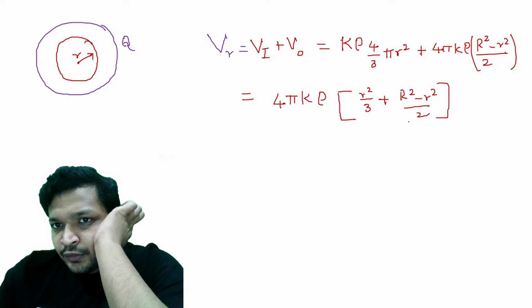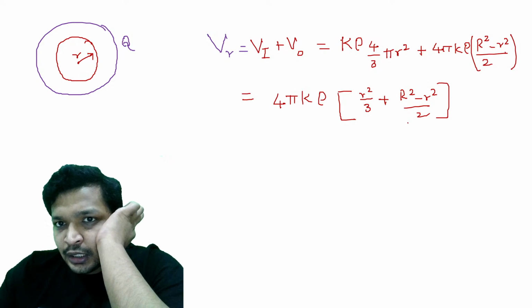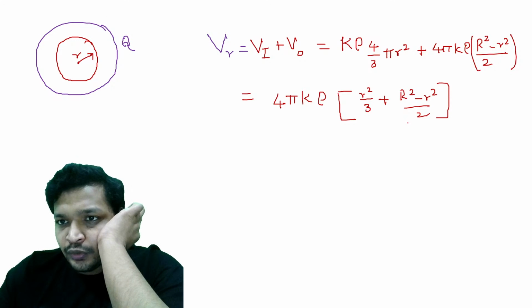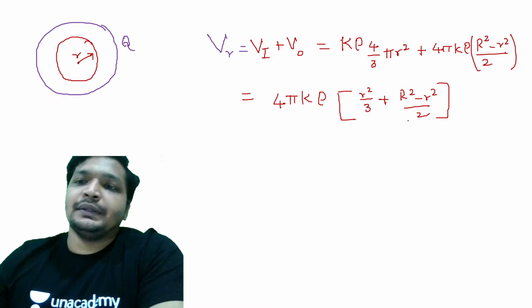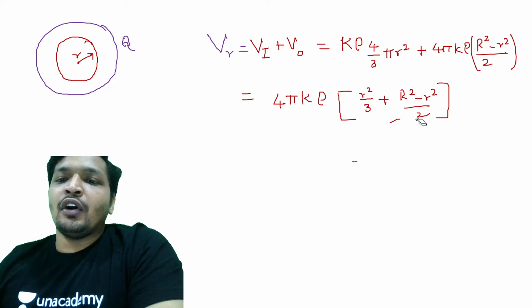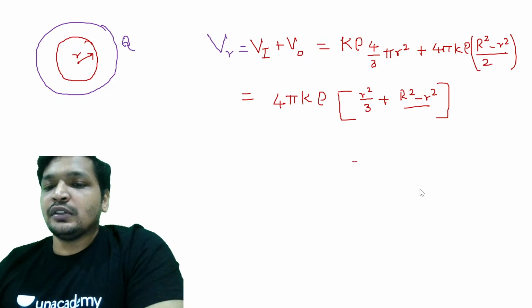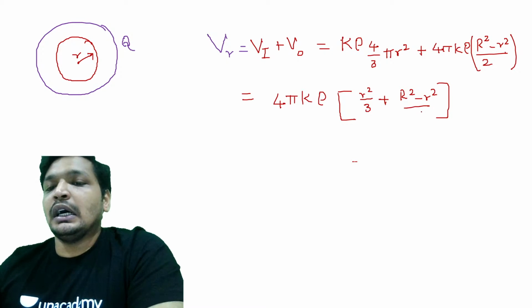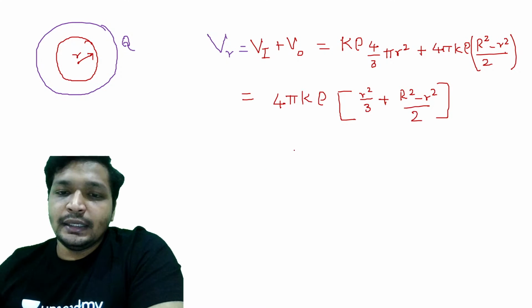I think the rest is fine. 4 pi K rho. That is it. That is all you would have. We got a capital R square because we integrated from r to capital R, right?